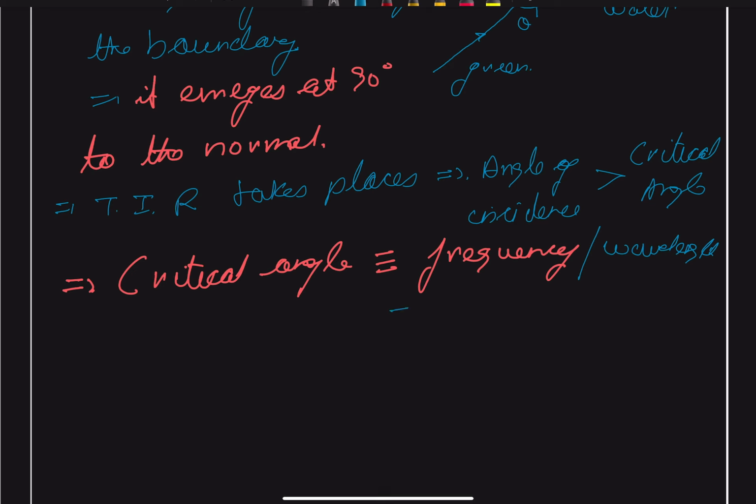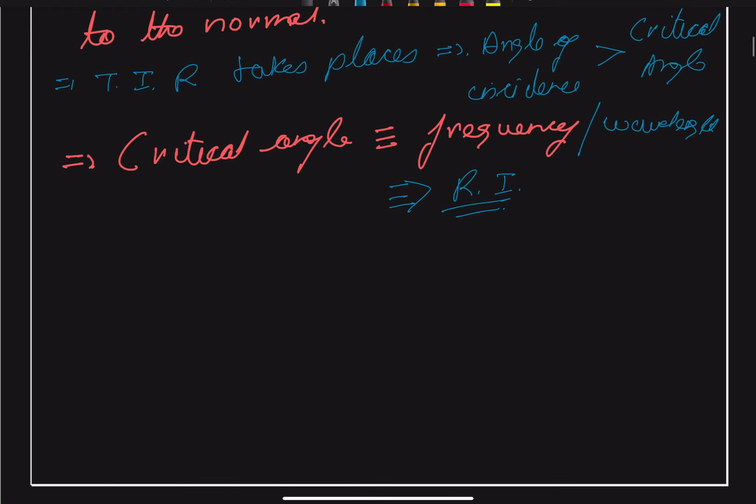It is dependent upon the refractive index. And if we see the relationship between the wavelength and refractive index, we can write that refractive index decreases with increasing wavelength. So refractive index decreases with increasing wavelength.